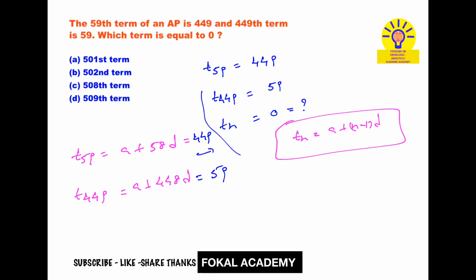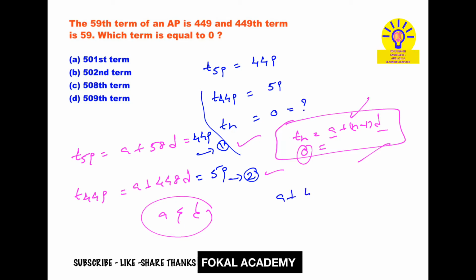So this is considered as equation 1 and this is equation 2. By simplifying 1 and 2 we get A value and D value. Okay, by substituting here, Tn is already given as 0. So by substituting A value and D value, we get the n value, at which term becomes 0.